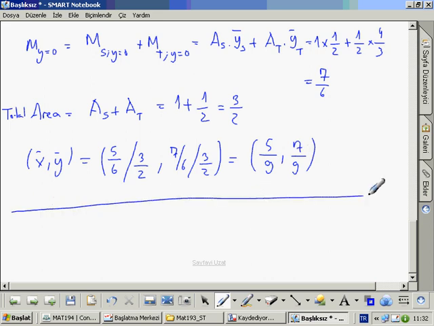And now we have just finished subchapter 7.5, and the Pappus theorem is omitted.